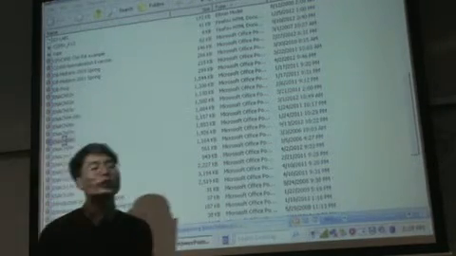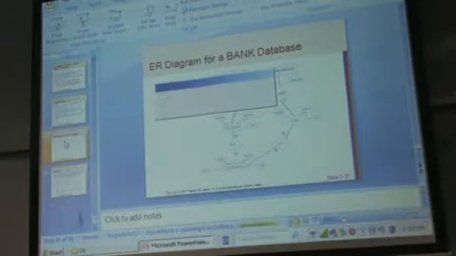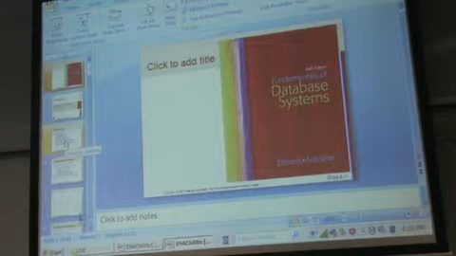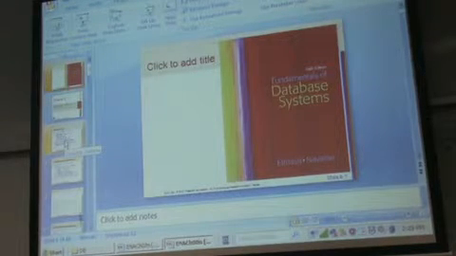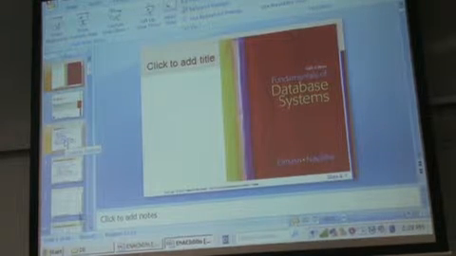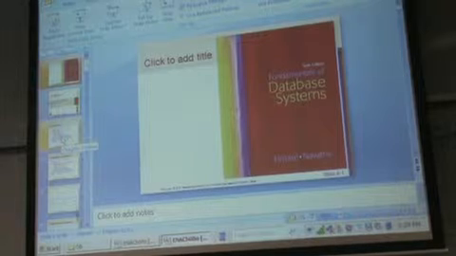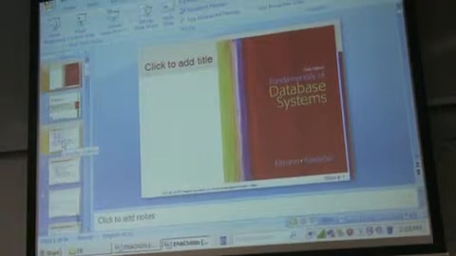The benefit of using ER modeling, entity relationship, as you can see, is that it is very easy to use. The concept is very simple. Also, it can represent most of the data that you are going to manage and build. Also, it's very similar to the relational model. So that is the reason we select the ER modeling.